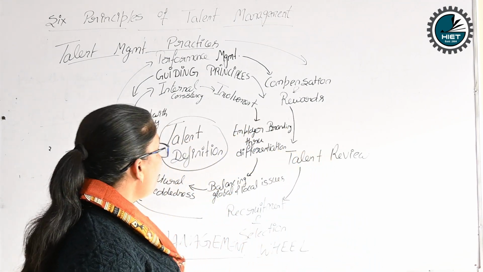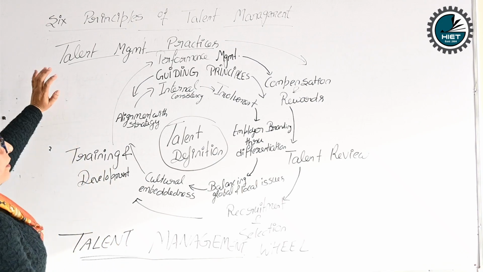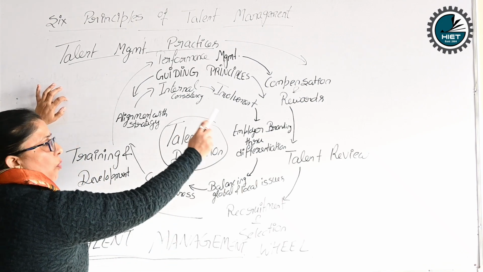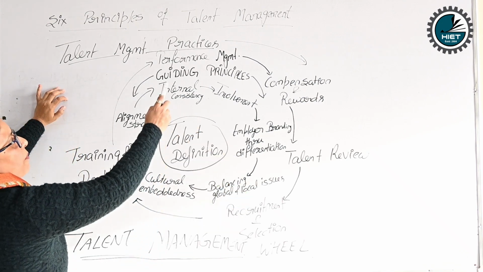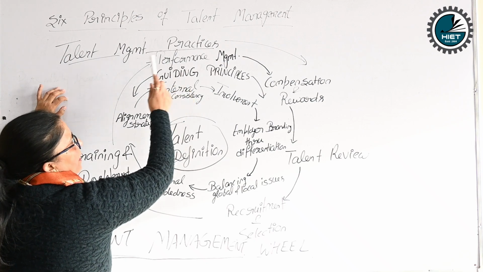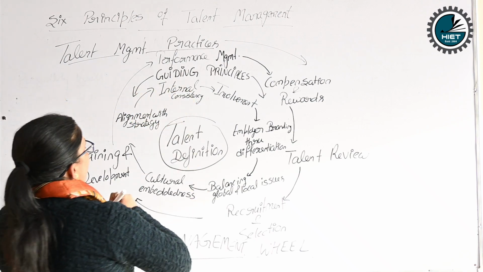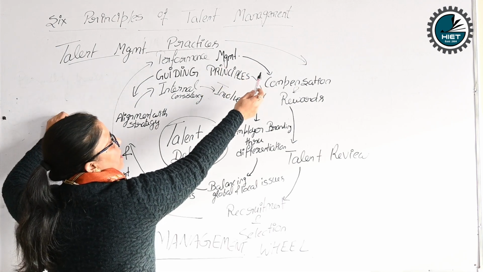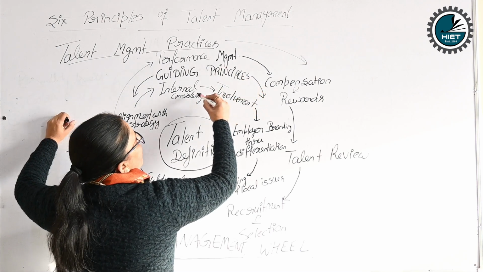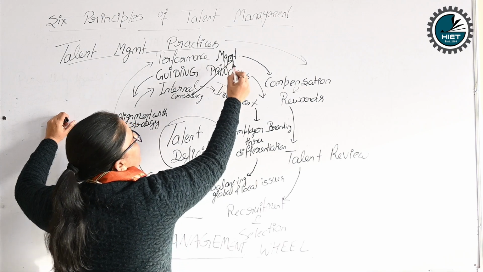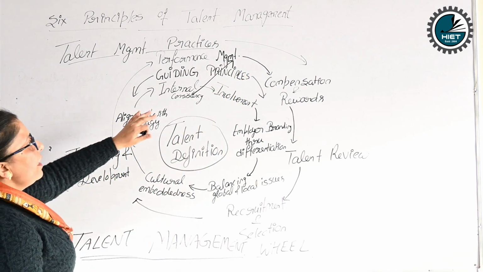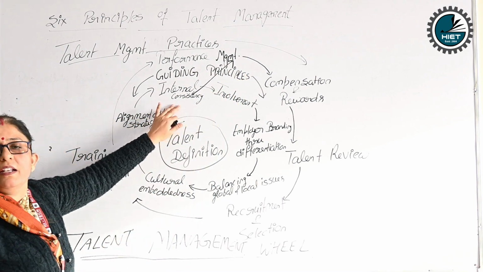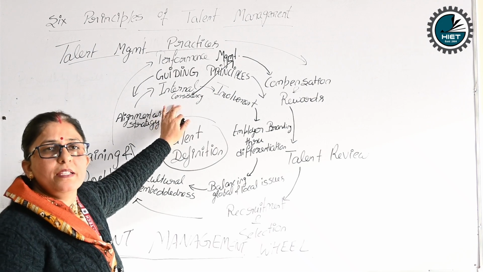Now, talent management, as I have told you, this whole wheel considers performance management. So here we start with performance management, and this performance management integrates with internal consistency. Internal consistency means the internal ideas of the organization.